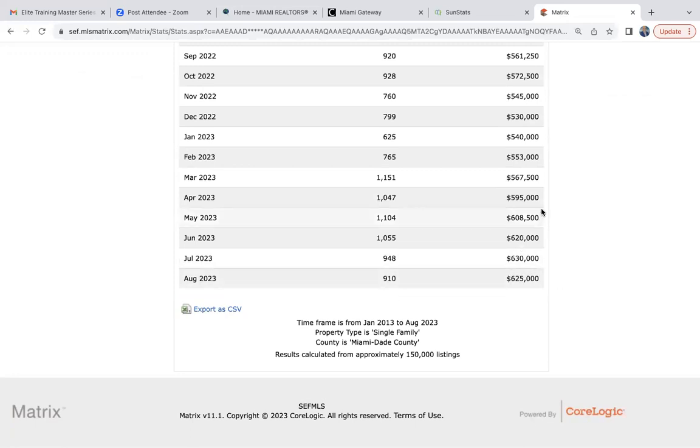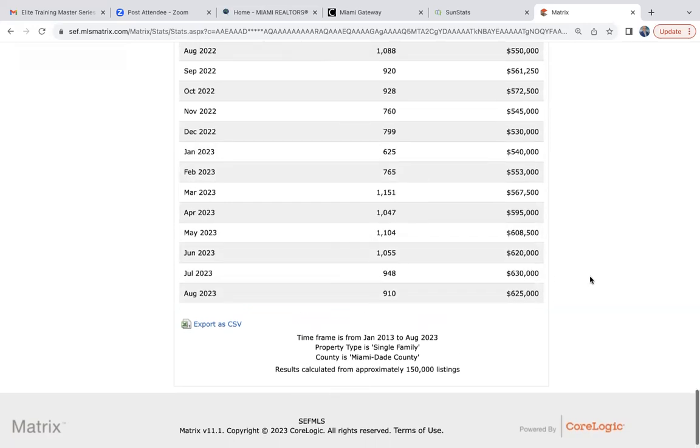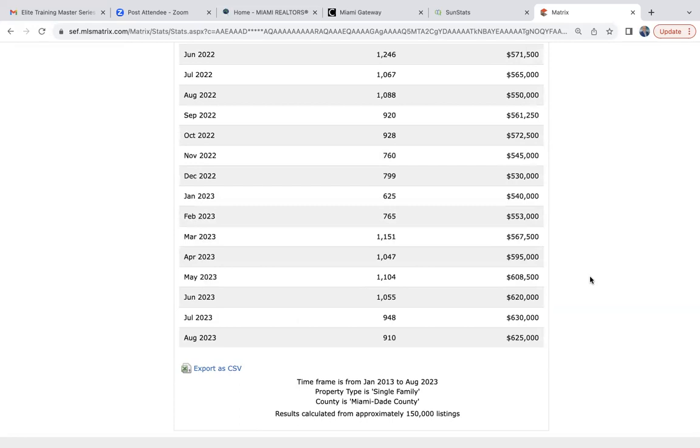All right, and we're looking at here August of 2023. Let's go back to January. So we went from 540 in January to 553, 567, 595, 608, 620, 630, 625. So Jonathan, the median price for a single family home in Miami-Dade County continues to rise.